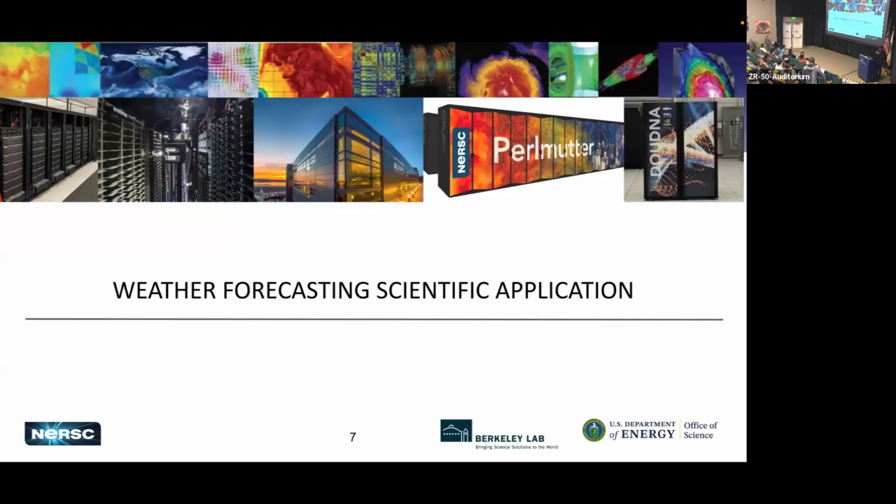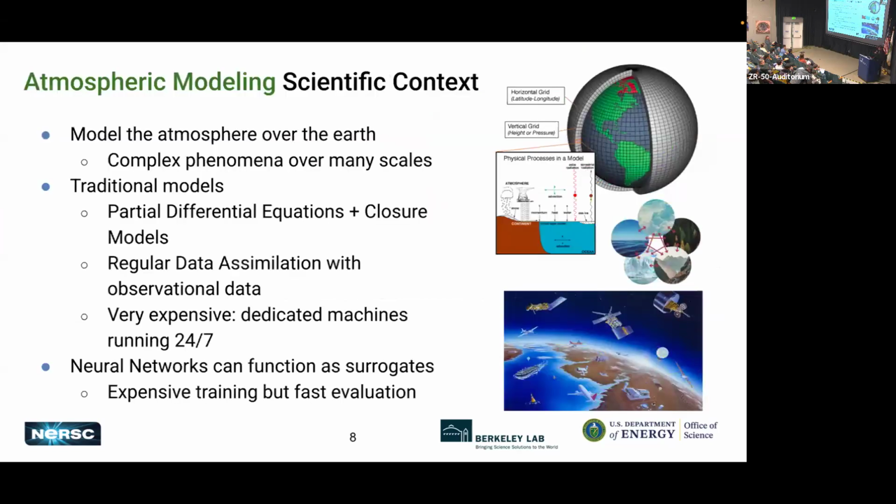Okay, so just to set some context around the scientific applications, so you know what you're looking at, especially in the hands-on. The goal of weather forecasting is to model atmospheric physics over the entire Earth. This is a very complicated phenomenon. It has processes that occur across many different spatial and temporal scales.